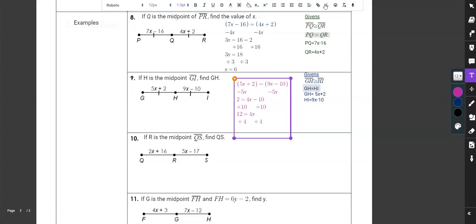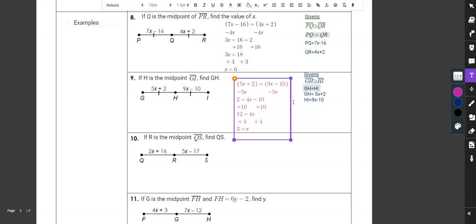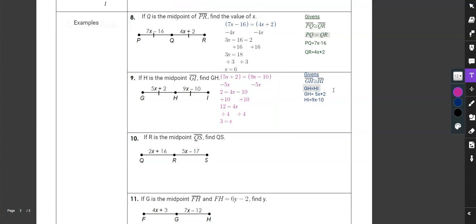But again, they did not ask me for x. They asked me for the length of GH. Now, normally what I do here is decide which expression I'm going to substitute back into, because they are equal, and so you can use either expression. Usually I do whichever one feels the easiest.